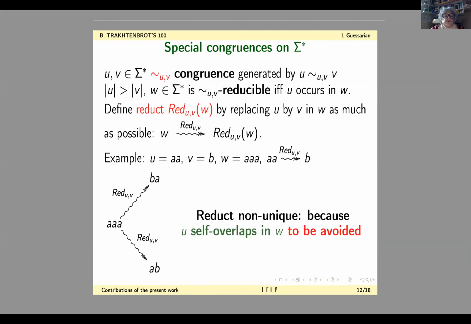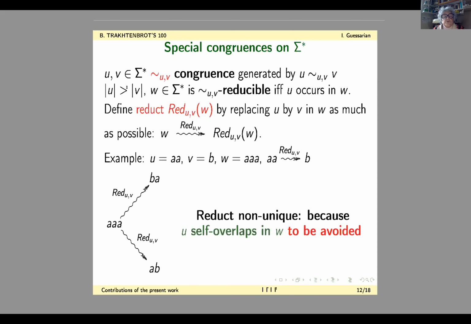Let us start with the simplest possible congruences on sigma star. We take two words u and v. The congruence sim uv is generated by u being equivalent to v. In order to be able to do something with that congruence, we will suppose that the length of u is larger than the length of v in order to be able to reduce words.